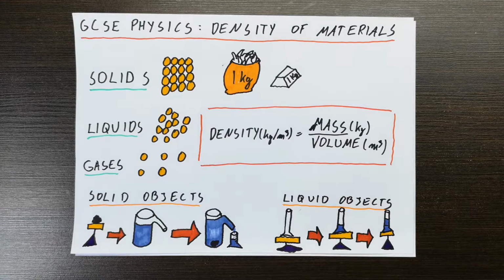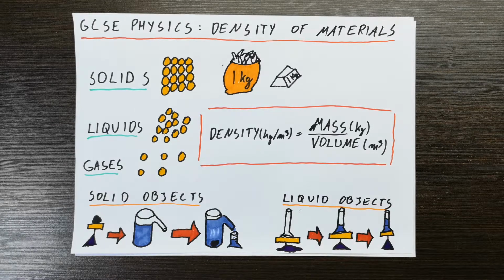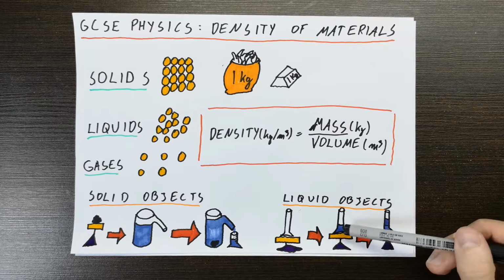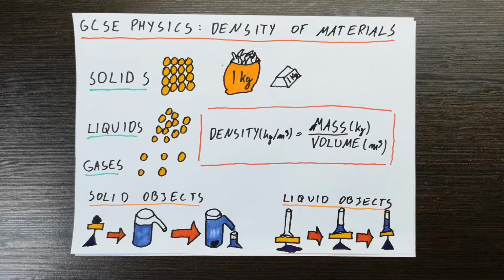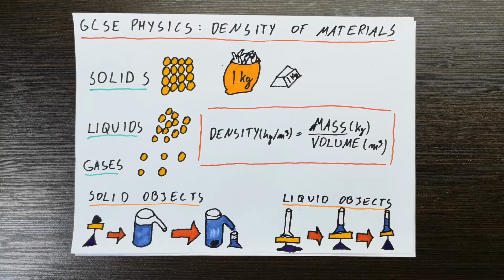We would put a predetermined volume as marked on the measuring cylinder. So for example, we could put in 10 ml of cooking oil, and because we're putting exactly 10 ml using the measuring cylinder, that will give us the mass of that liquid.